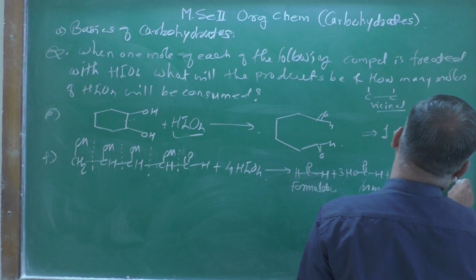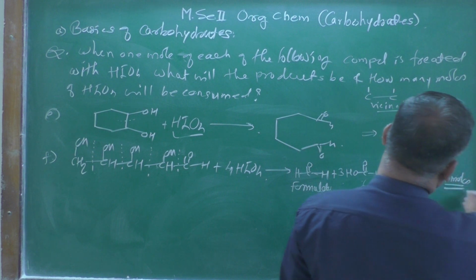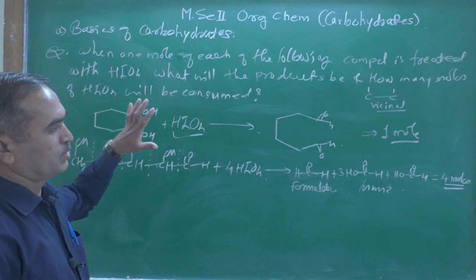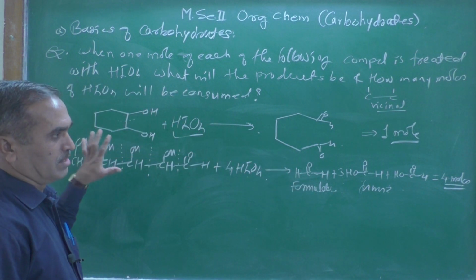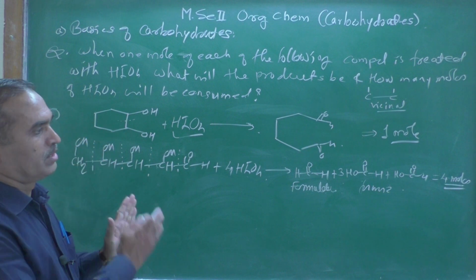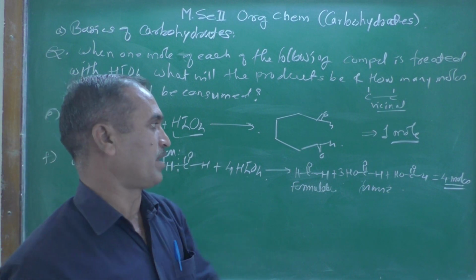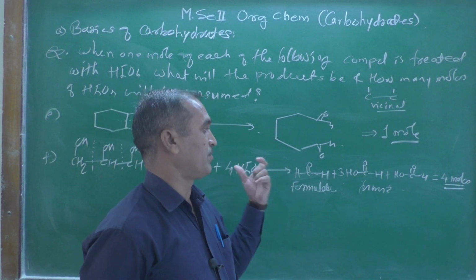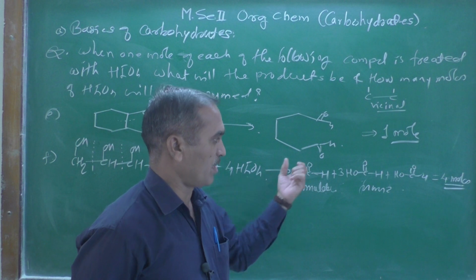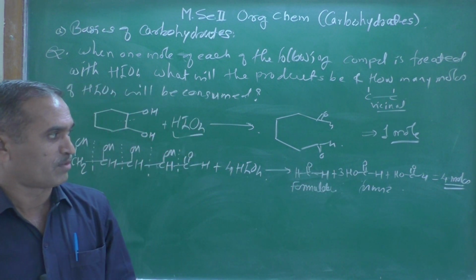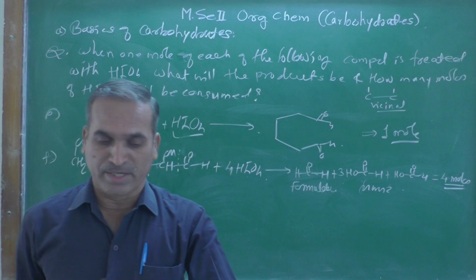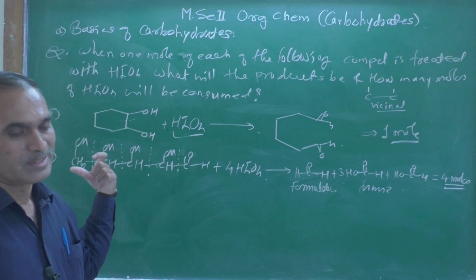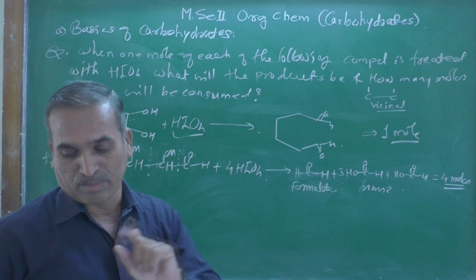There are 4 moles required to break this molecule into different fragments. By knowing the nature of the final products, 1 formaldehyde and 4 moles of formic acid, it clearly indicates that this could be the structure of your starting material.